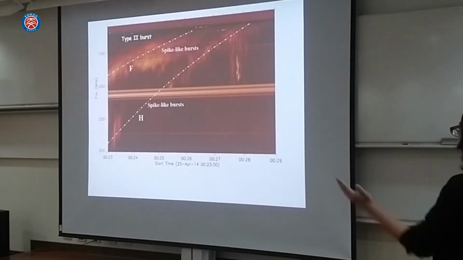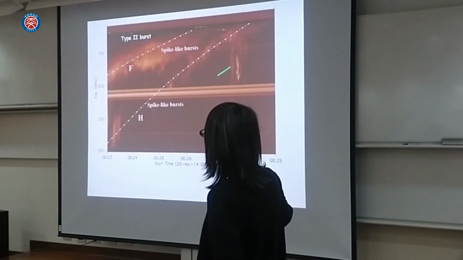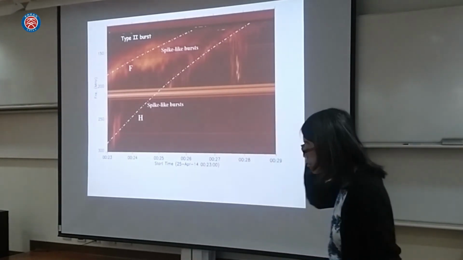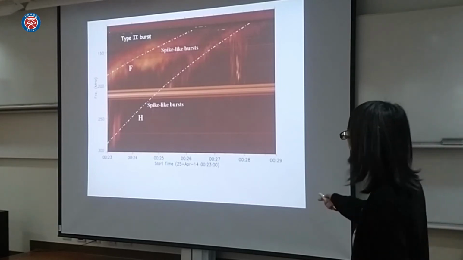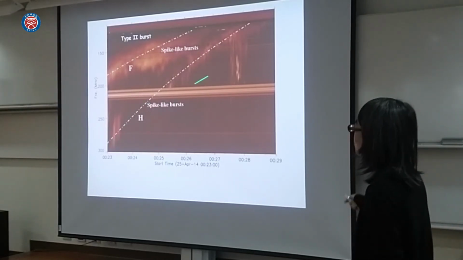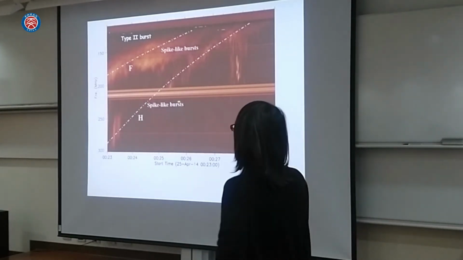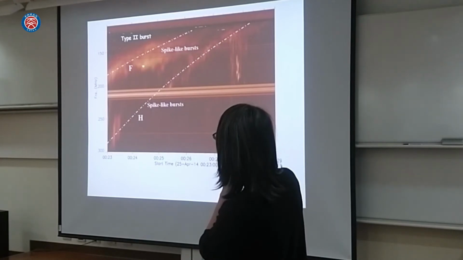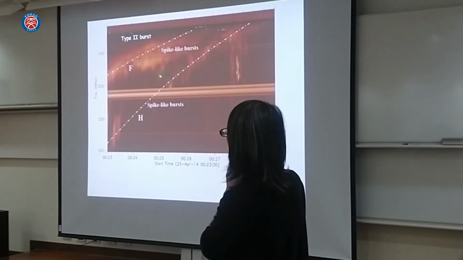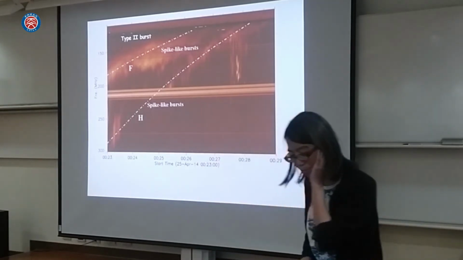Okay, now move to the later phase. Here this one is a type 2 radio burst, and you can see two curves. One is fundamental and one is harmonic. Besides, we can also see something like a spike-like burst overlapping the type 2 radio burst.